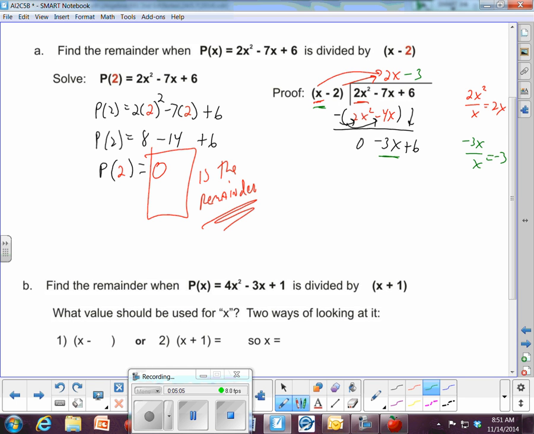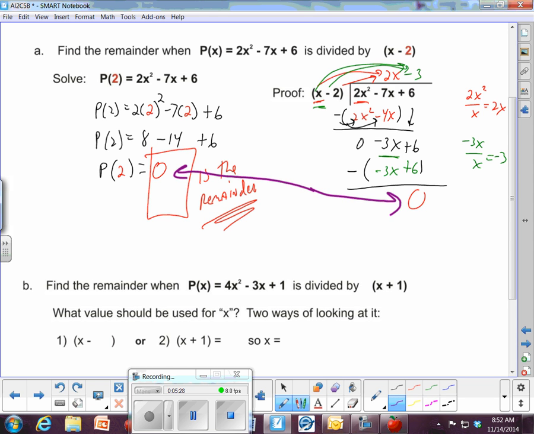So a negative 3 goes up top. And so again, the x times the negative 3 is the negative 3x. And the negative 2 times the negative 3 is a positive 6. And when you subtract them, you get 0. And that's the point.